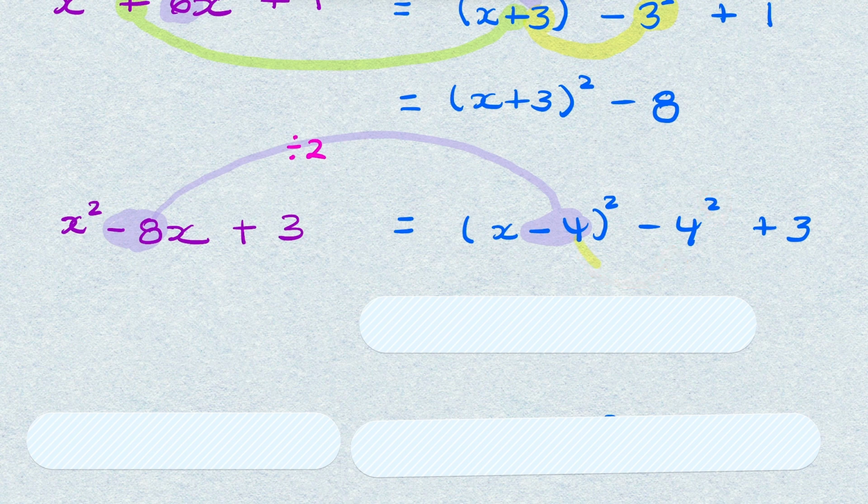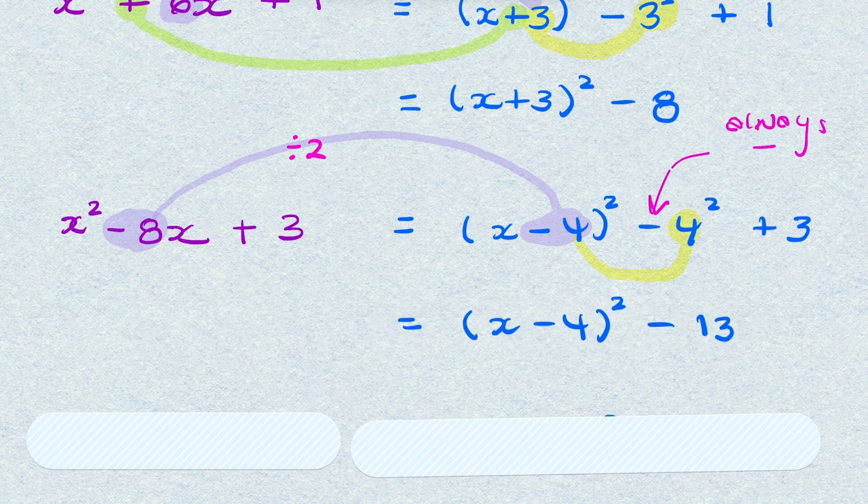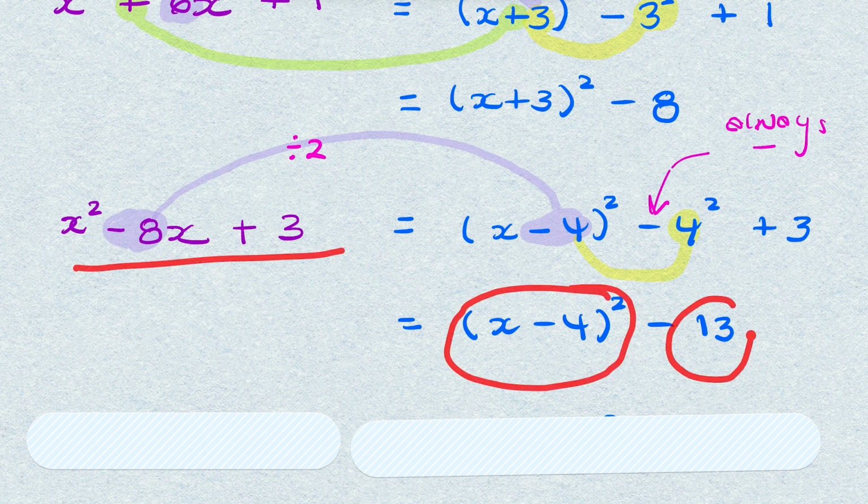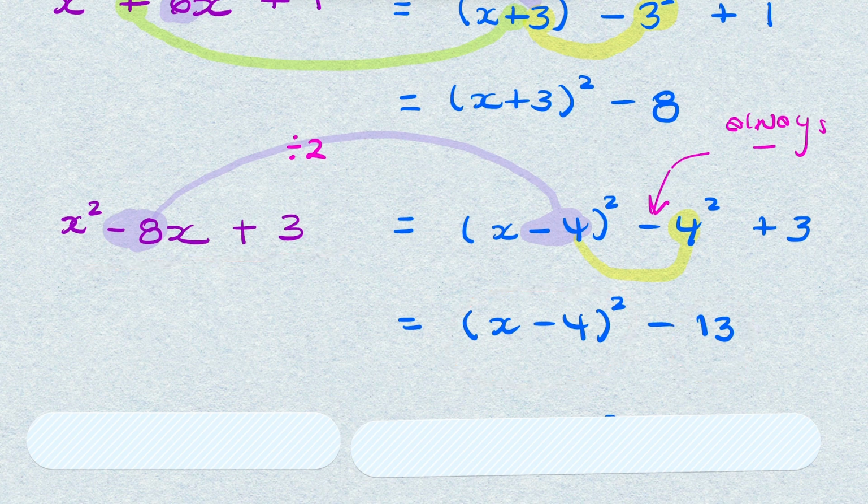So that's the same number squared, and this is always negative. And then finally, this plus 3 is unchanged there. So minus 16 plus 3 gives me minus 13. So this is the complete square version of that.